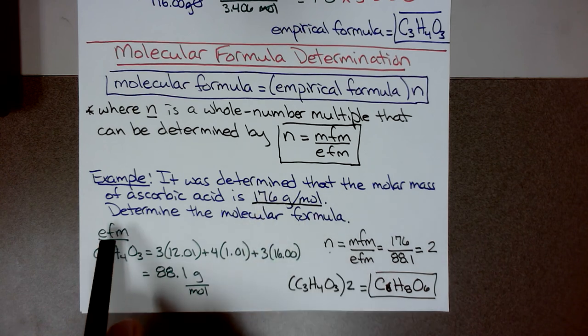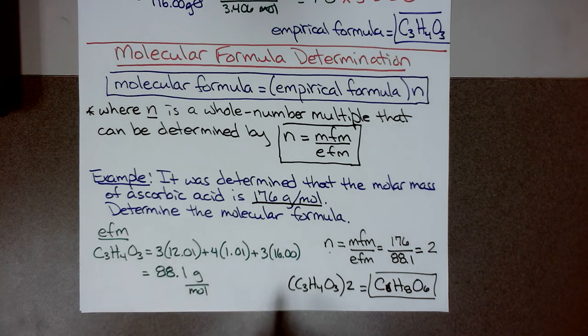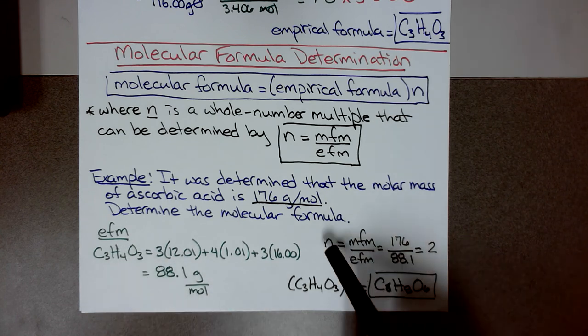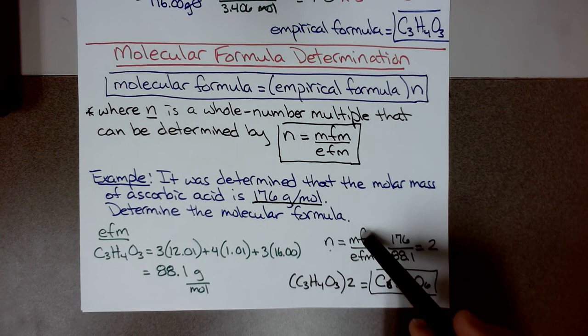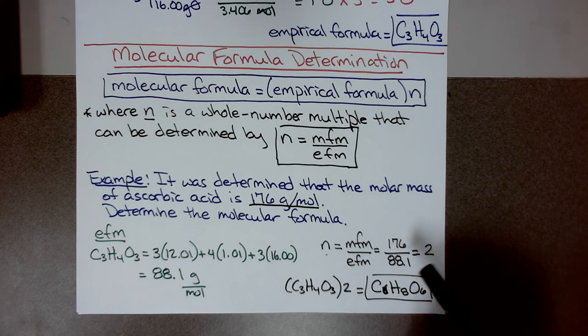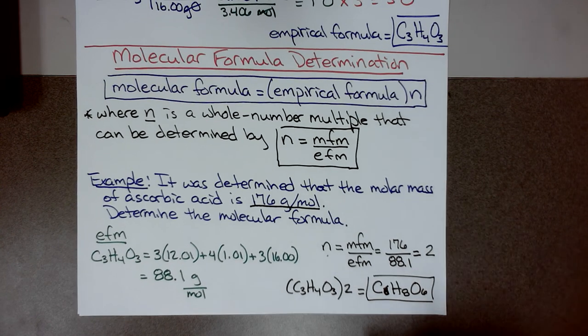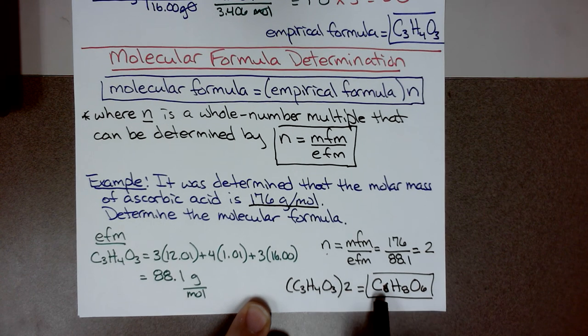We figured out the empirical formula mass, 88.1, and then use this equation to figure out N, which is molecular formula mass over empirical formula mass. 176 divided by 88.1 comes out to be 2. And so really, it's empirical formula times 2, so that's C6H8O6.